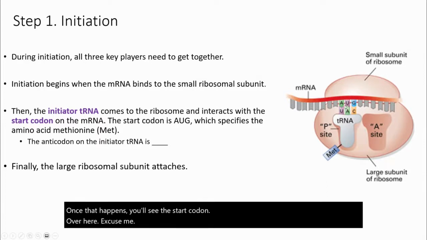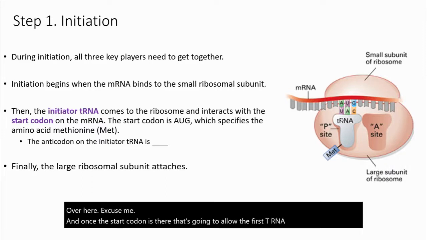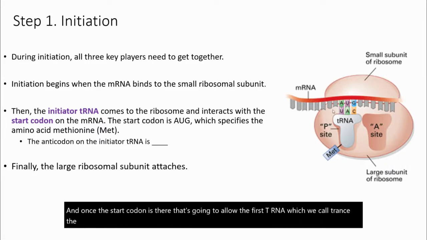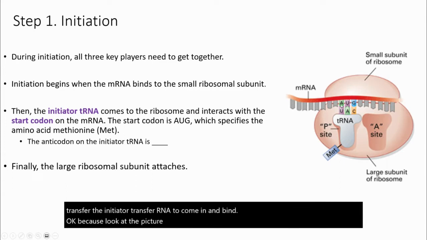And once the start codon is there, that's going to allow the first tRNA, which we call the initiator transfer RNA, to come in and bind. Okay, because look at the picture closely, y'all. Do you see where this AUG start codon is? Notice it lines up with this big binding site, the P site, in the ribosome.